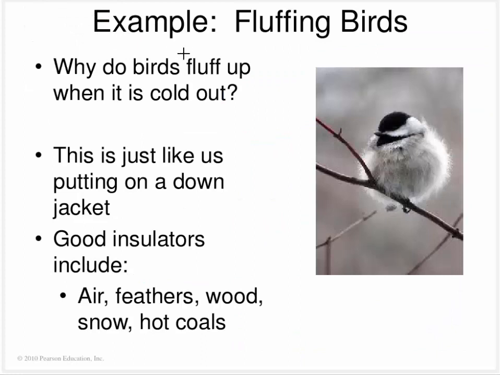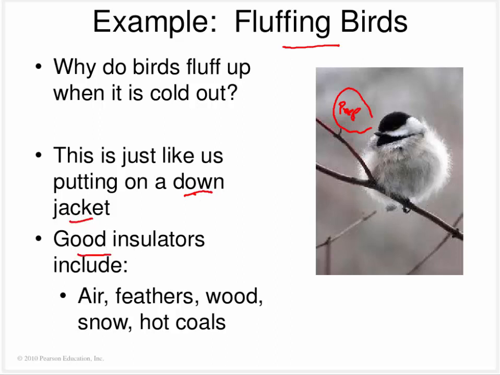Now, the last example I want to talk about for reducing conductive losses is fluffing, why birds fluff up in the winter. So you've got this bird right over here, and you see it in the wintertime, it's going to say, "Brr, cold out, I'm going to fluff up my feathers." Well, this is actually kind of like us putting on a down jacket, if you think about it. Down jacket's really warm.